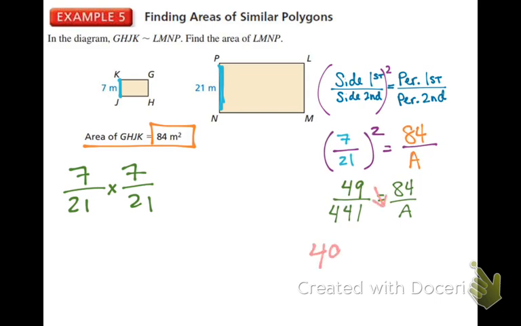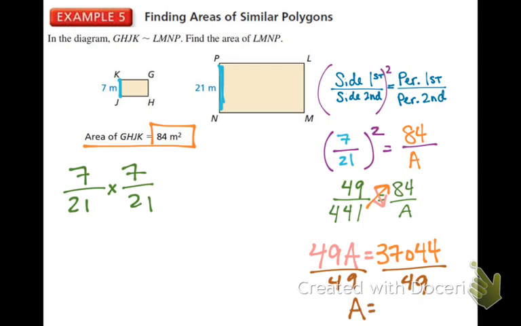So we get 49a equals a very large number. What is 441 times 84? A large number. 37,044. Perfect. Divide by 49.